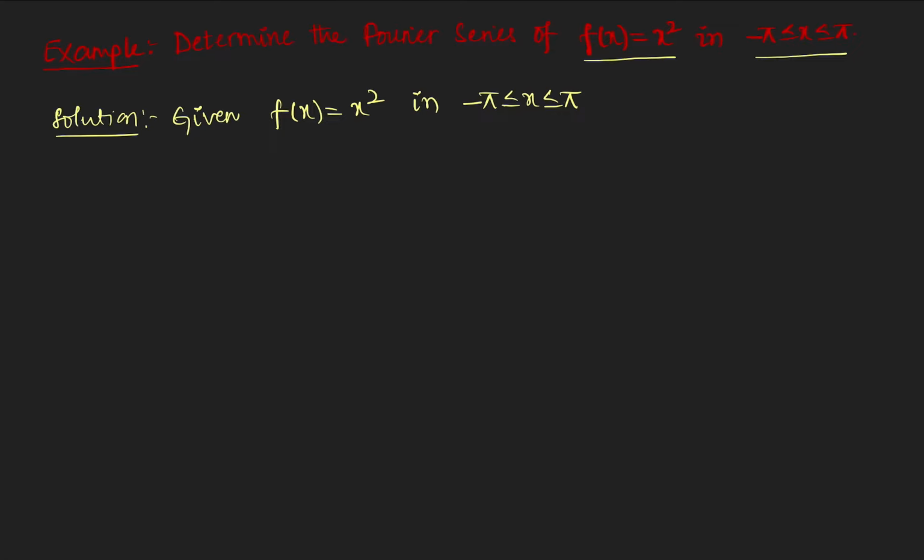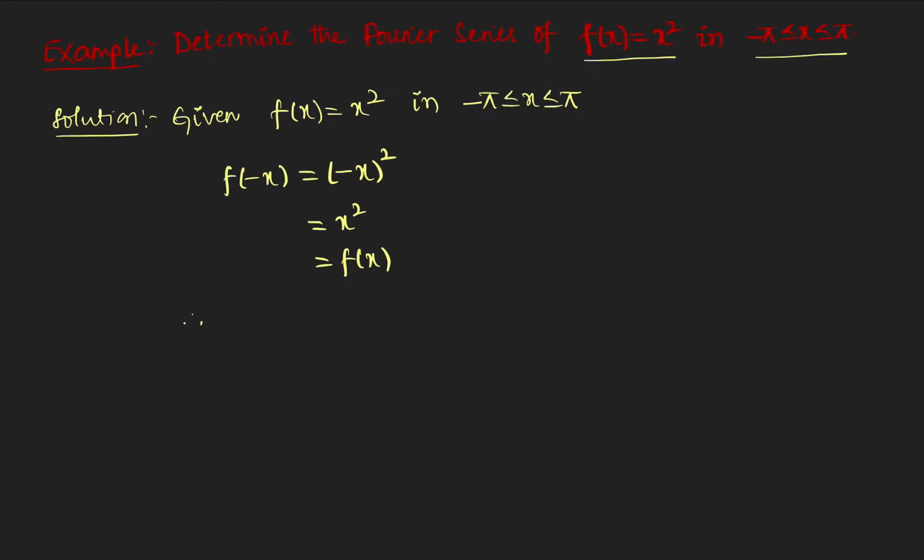Here we can check whether the given function is either odd or even. To check that, replace x by -x. f(-x) = (-x)². That is, in the place of x, we just replace the value of x by -x. (-x)² is x², so we got the function f(x) itself.